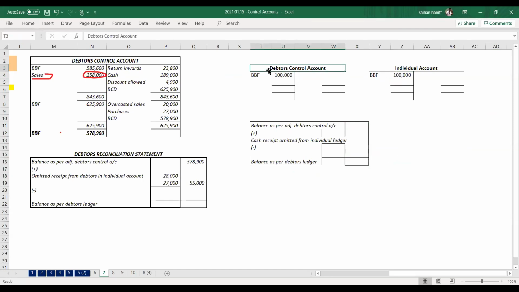Assume that the control account has 100,000, and the individual account also has 100,000.